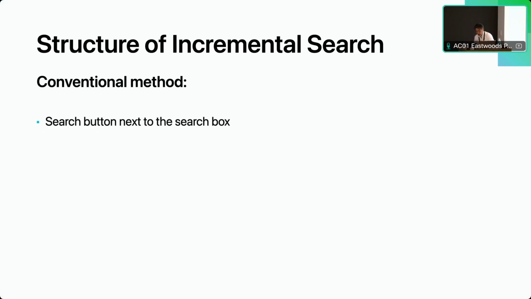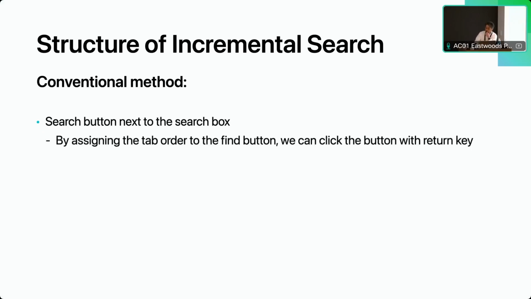To solve the problem of having to move the mouse pointer over and click it every time, I managed to do it by assigning the tab order to the search button. When I press return in the search box, the search button that corresponds to the next tab order becomes active. So when I hit return again, the button will be pressed.